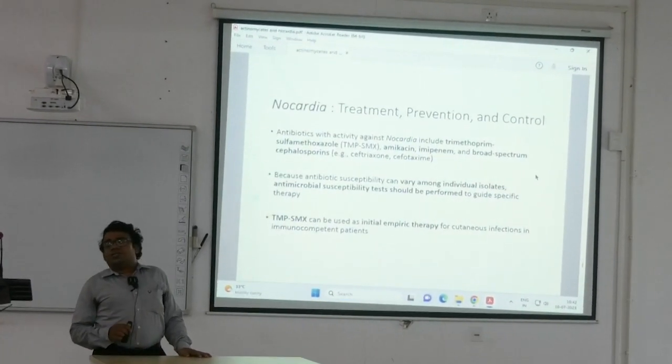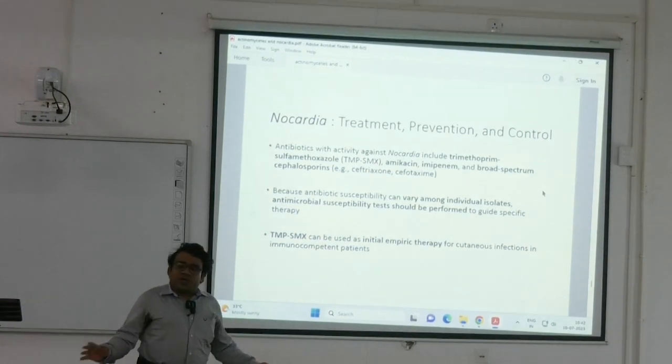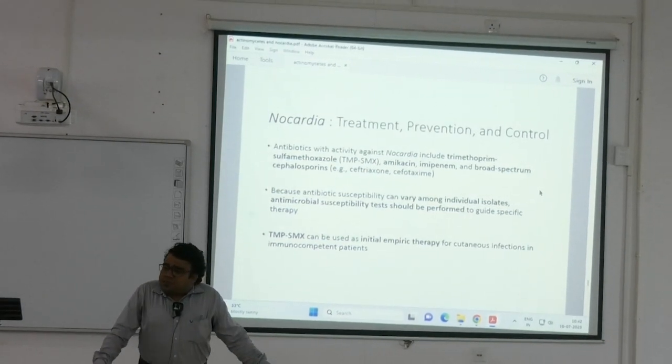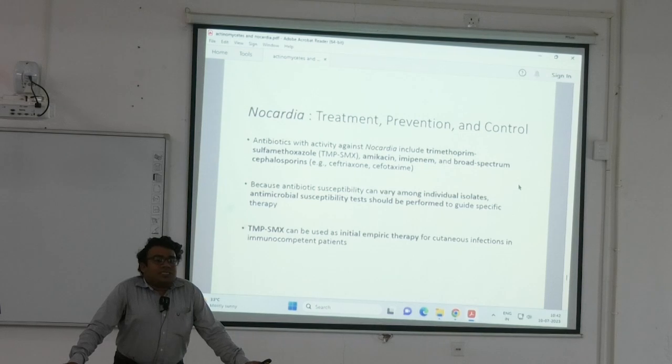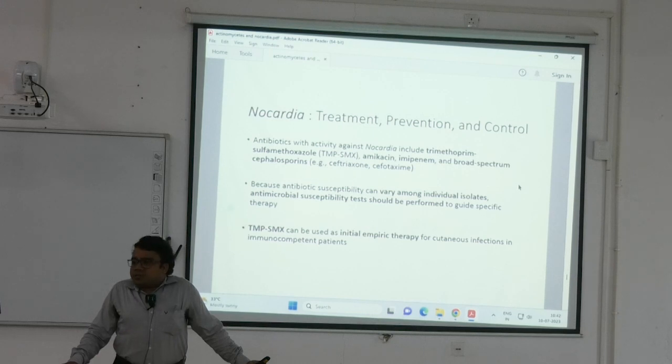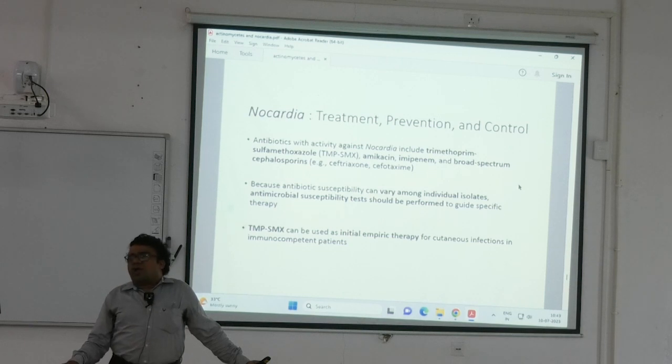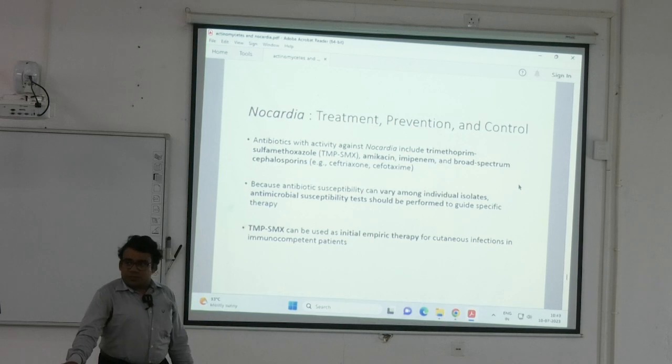An important feature of Nocardia, please try to remember: the susceptibility pattern varies with species. So, irrespective of whatever species is obtained, antimicrobial susceptibility testing should be done, and the drug used for treatment should be catered according to the susceptibility pattern. Empirically, however, cotrimoxazole can be given, especially if it is a cutaneous infection.